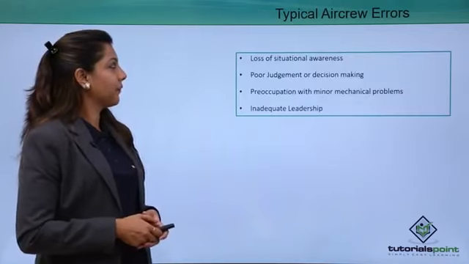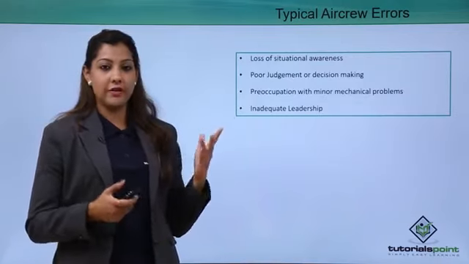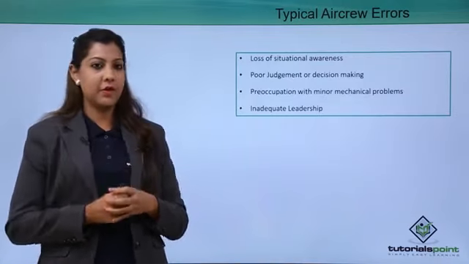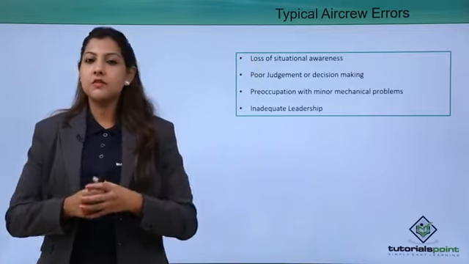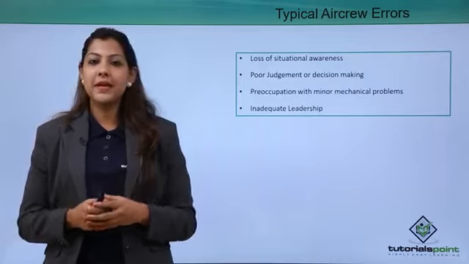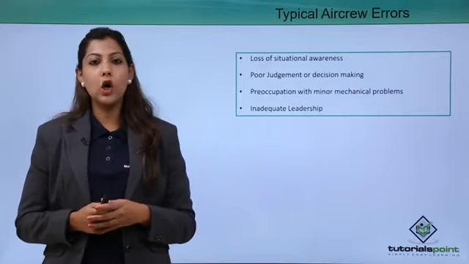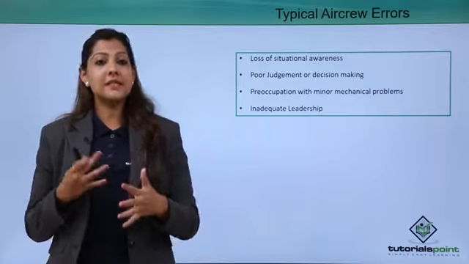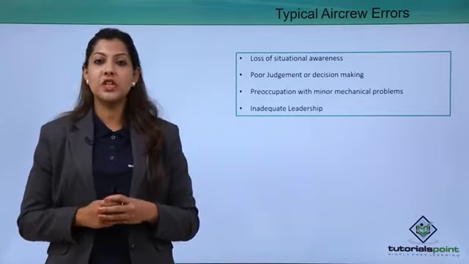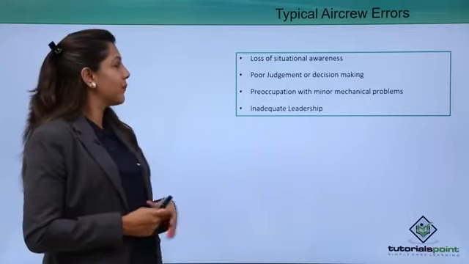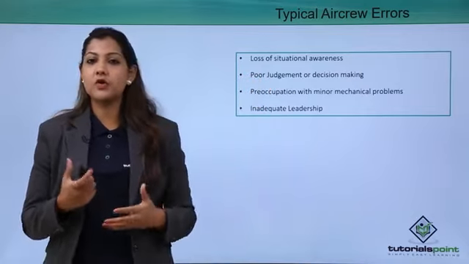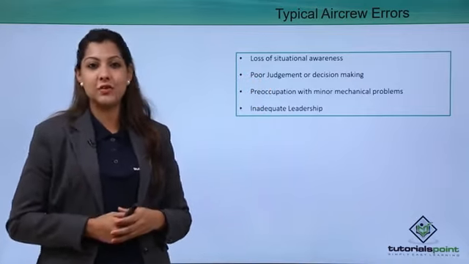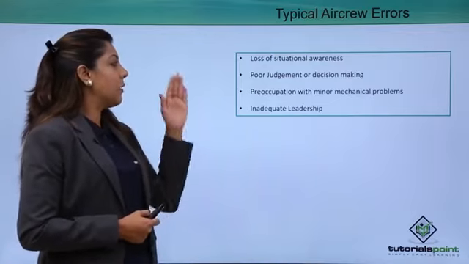Well, typical aircrew errors, what are some of the errors which can be caused by the aircrew? Loss of situational awareness. Loss of situational awareness could be something like not being able to judge properly or not being able to understand the situation properly, because of which it leads to human errors. Poor judgment or poor decision making, understanding of how to take a decision or being quick in decision making can lead to this.